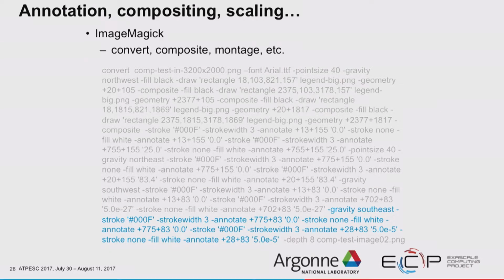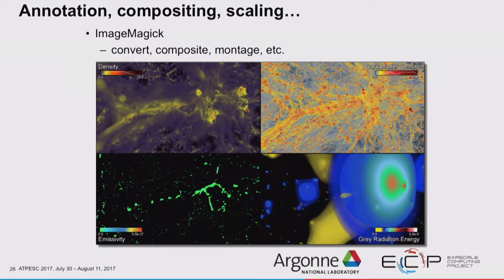I guess the top part was combining the images, the rest of them were adding the annotations, and this is the resulting image from that. I didn't expect you to read all that and understand the details of it, but just to show it's pretty powerful as a command line tool for combining multiple images and annotations and putting it all together.